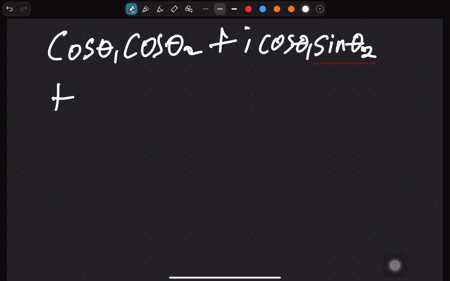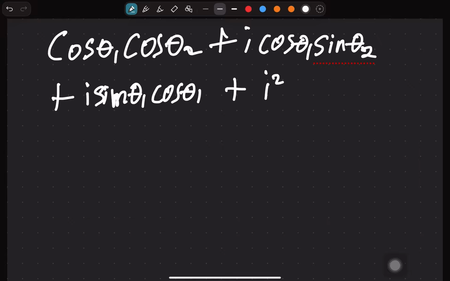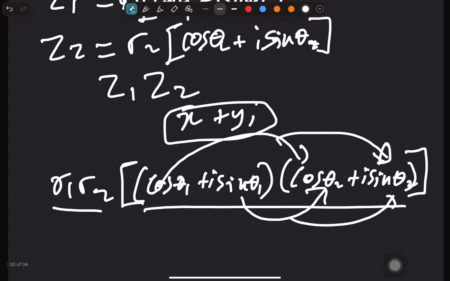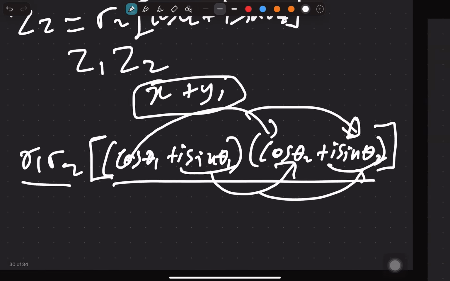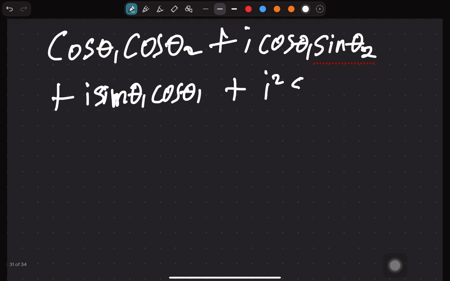Then continuing, we'll have I sin theta 1 cos theta 2, then plus I squared. In this case, two items are coming to multiply, the I sin theta 1 and the I sin theta 2. So we have I squared sin theta 1 sin theta 2, and we already know what I squared is, which is -1.